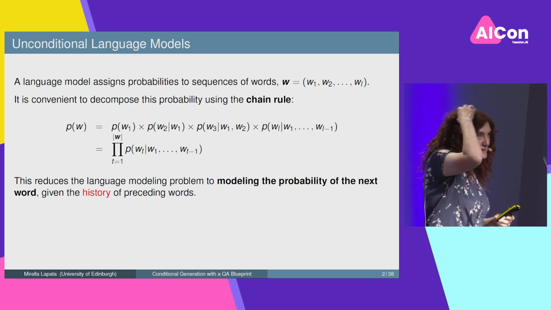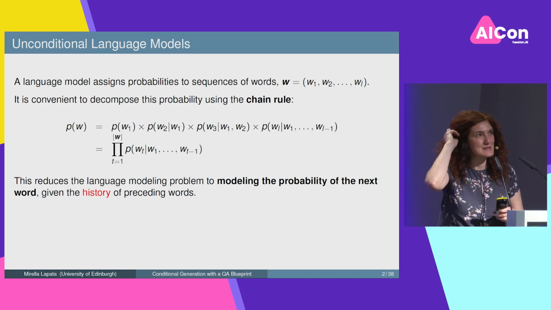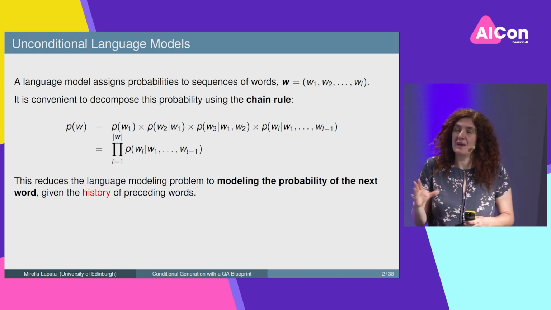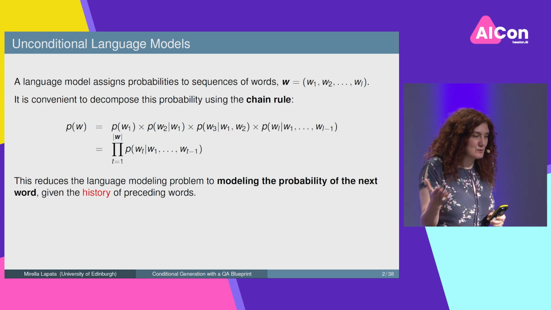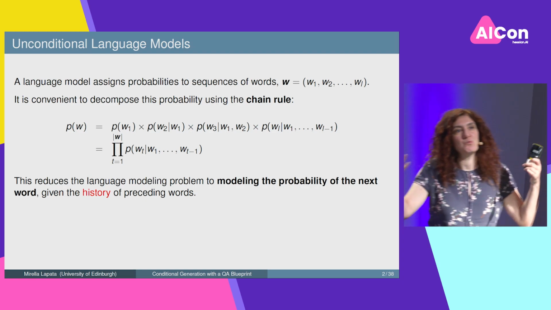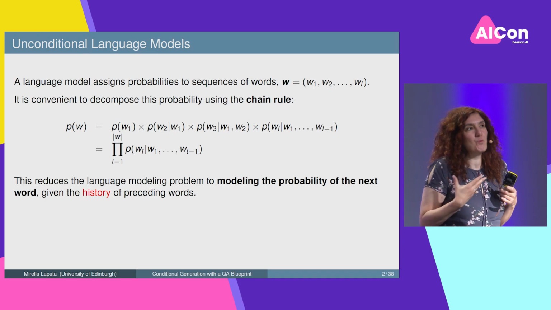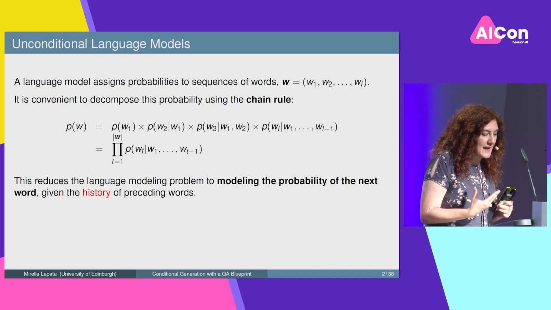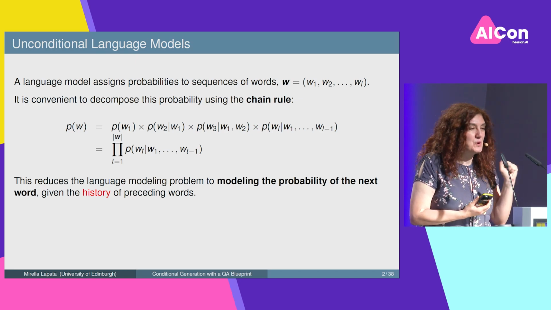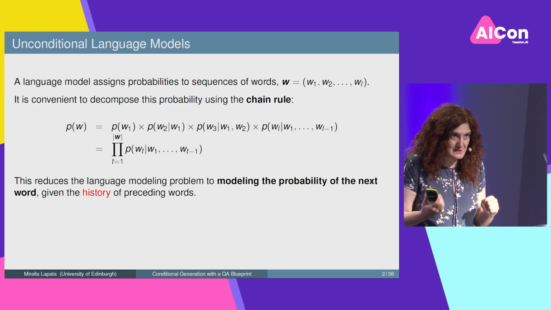I just want to make sure that everybody understands, because there's a lot of confusion about these language models. So we have unconditional language models, and this is sort of statistics one-on-one, the bread and butter of what a language model is. Normally, a language model will assign probabilities to sequences of words.